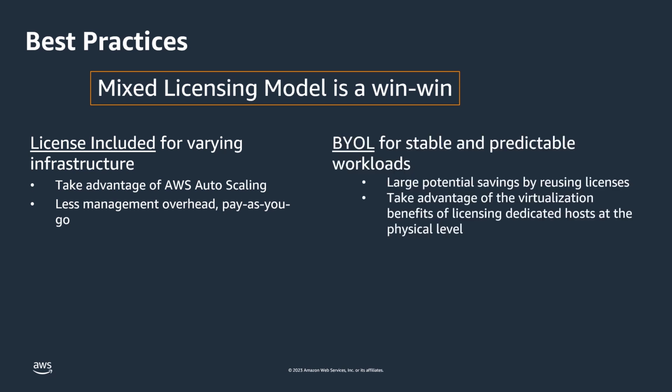Whereas BYOL is great for stable and predictable workloads, where customers can reuse licenses and potentially take advantage of the virtualization benefits of licensing Windows Server Datacenter and SQL Enterprise at the physical level. And it's very important for customers to modernize. So let's move on and talk more about that.